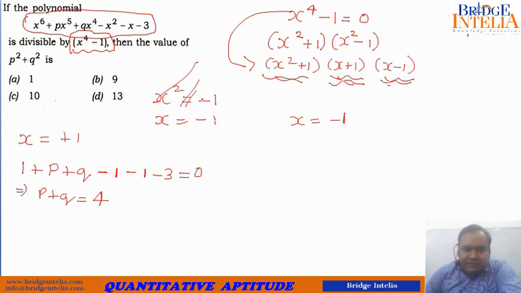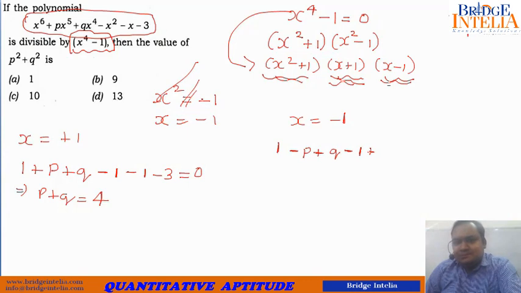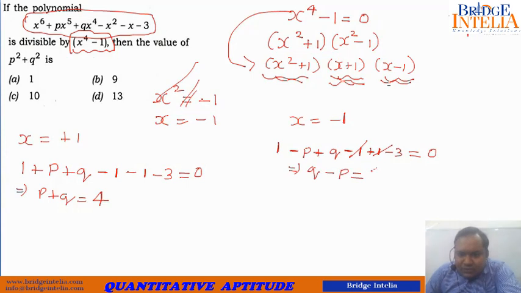So minus 1 to the power 6 is again 1, minus p plus q minus 1 plus 1 minus 3, this should be equal to 0. So this gets cancelled. From this one I can conclude that q minus p is equal to 2. So this is what we can conclude.